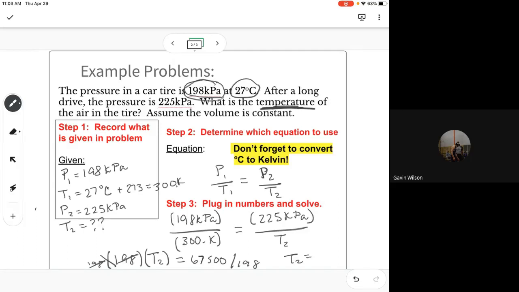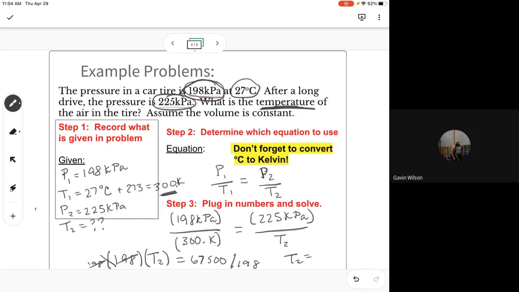So 198 has how many sig figs? 3. Remember, temperature we had to change, so we changed it to 300, but because we had to put the decimal point there, 300 also has 3 sig figs. And then 225 has how many sig figs? 3. So in 3 sig figs, what would our answer be?